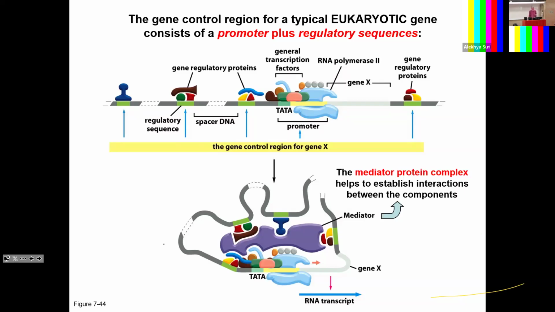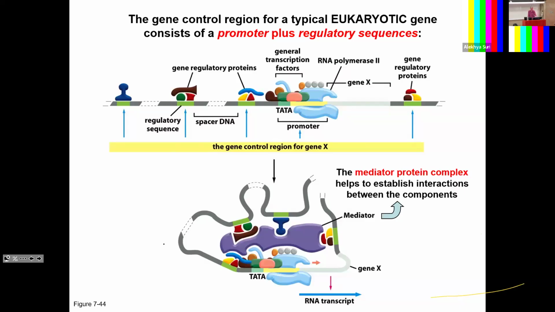And those are regulated by upstream proteins that bind to upstream DNA sequences. You can see here a lot of different transcription factors binding to various sites. These areas could range hundreds of kilobases long.